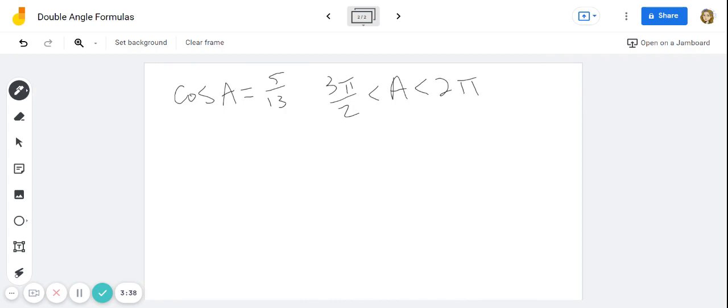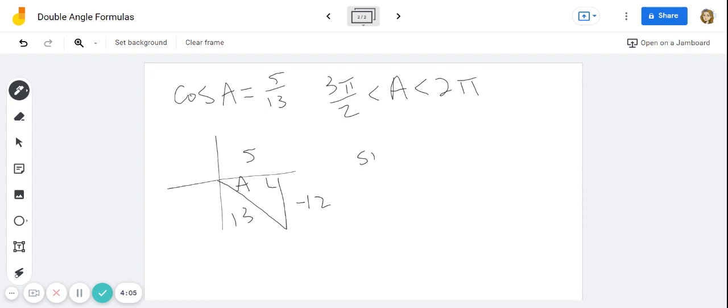We already have cosine, but we're going to need to draw a triangle to figure out what those other values would be. Again, this is in the 4th quadrant, so here's our triangle. There's our angle A. Cosine is 5 over 13, adjacent over hypotenuse. That's a well-known triple, 5, 12, 13, so the other side should be 12, and it will be negative because it is going down.